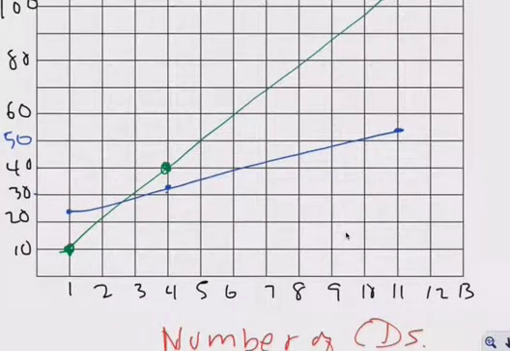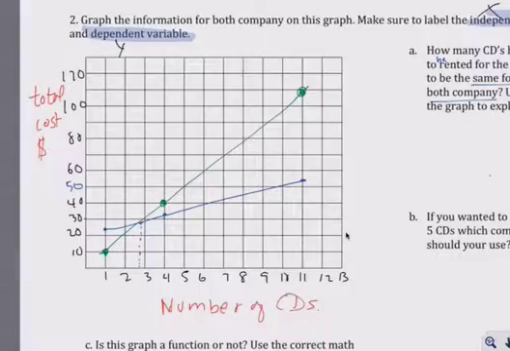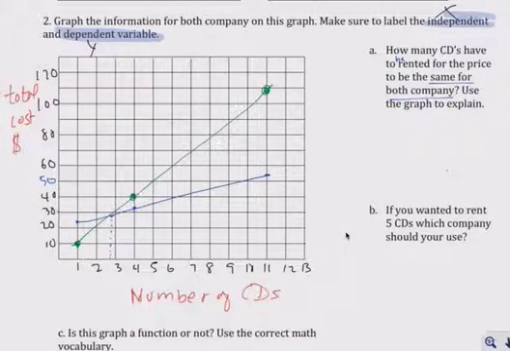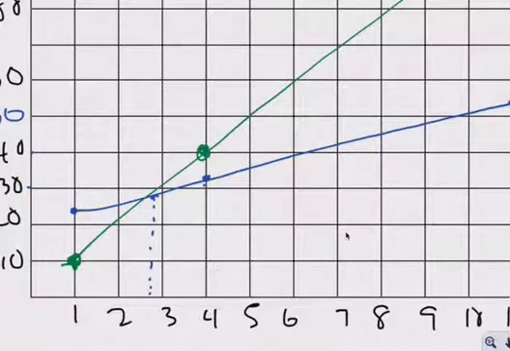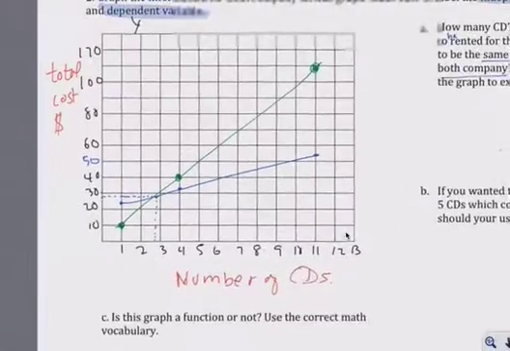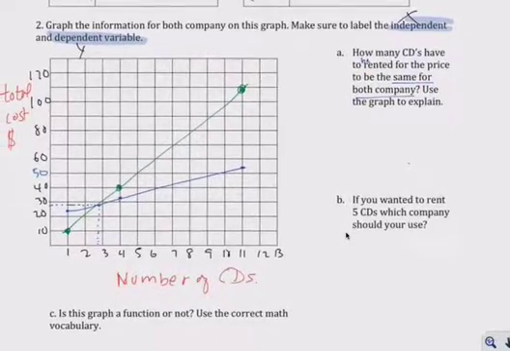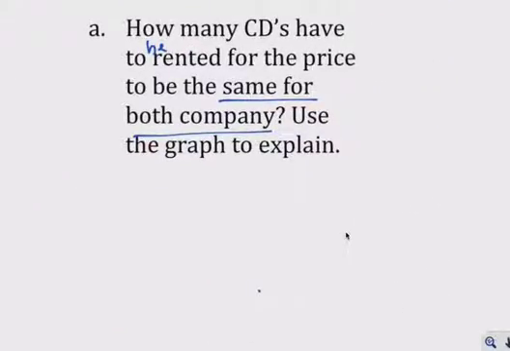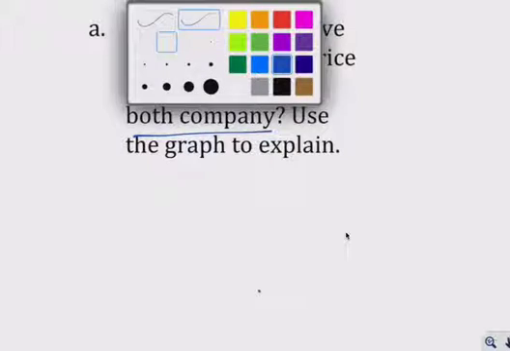Well, they're about right here, so it's closer to 3 CDs than 2, and you can't buy half a CD. So for them to be about the same, they have to buy 3 CDs for about $28 from both companies. Okay, how many CDs have to be rented for the price to be the same?